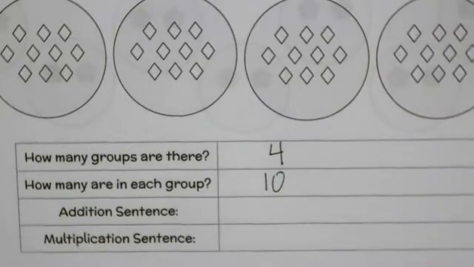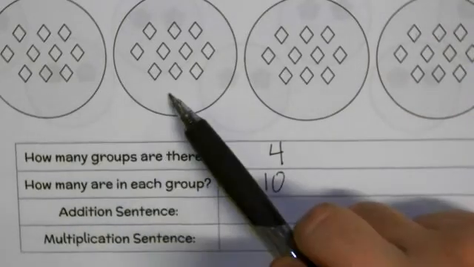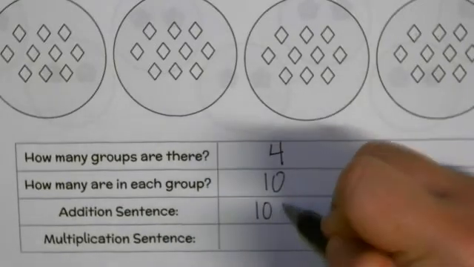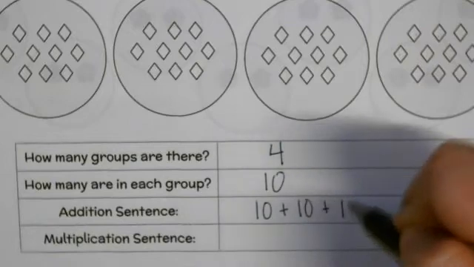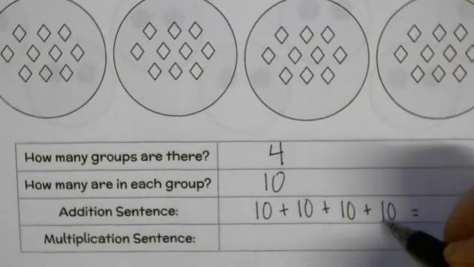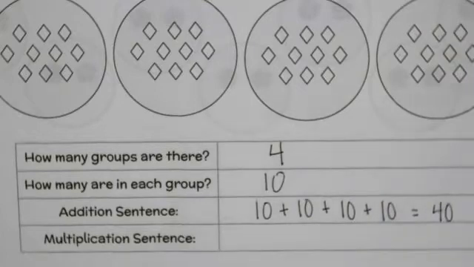So what would my repeated addition sentence be? 10 plus 10 plus 10 plus 10. And that equals 10, 20, 30, 40. I can use skip counting by tens to help me solve that.